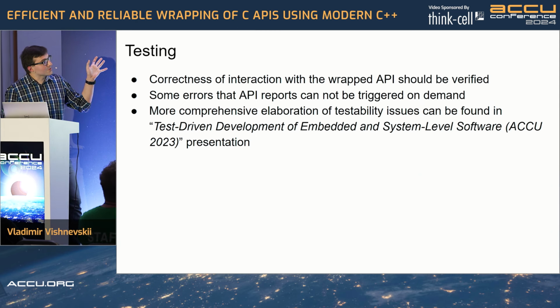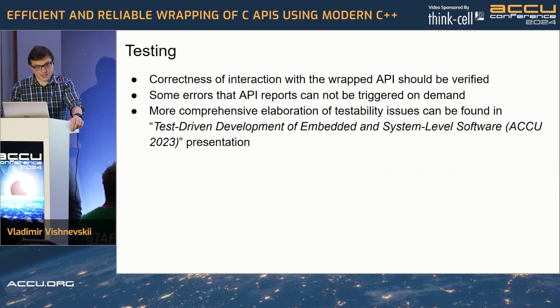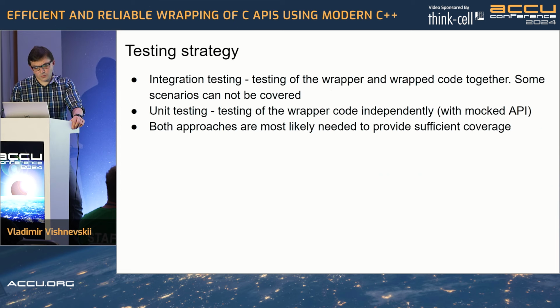There I tried to elaborate in detail on the different problems of testing code that is dependent on C APIs, but I would like to revisit a couple of techniques that are very relevant to this specific problem. But first of all, we need to figure out what testing strategy we would like to use.